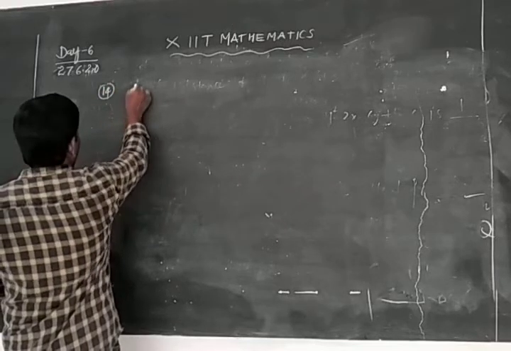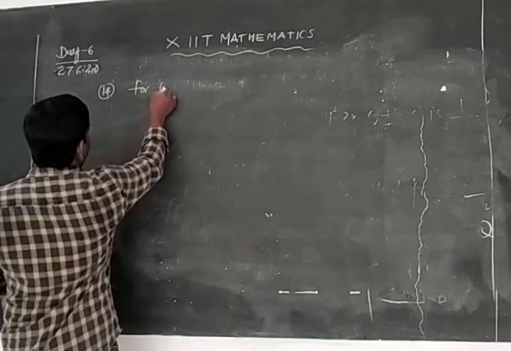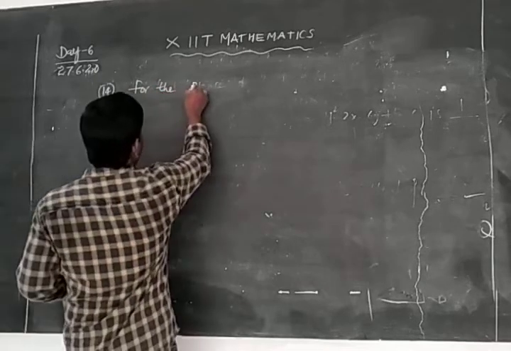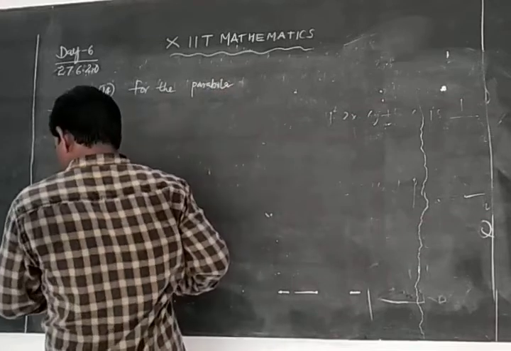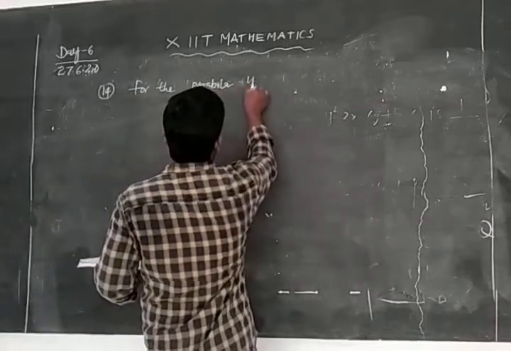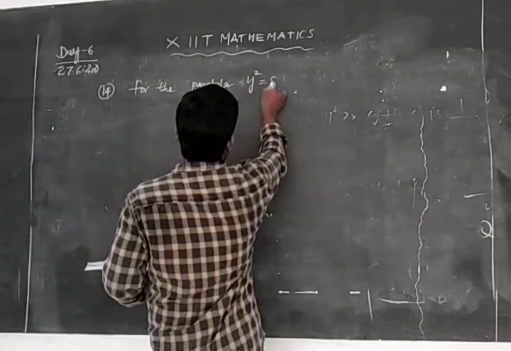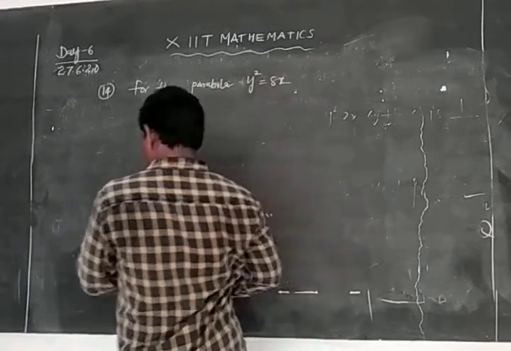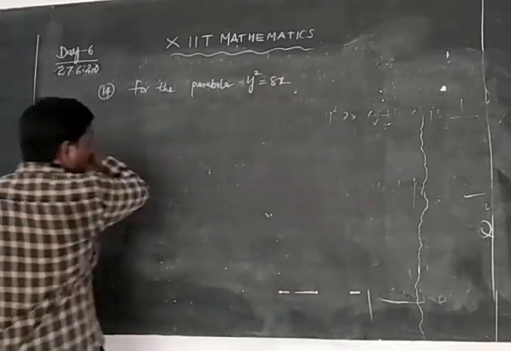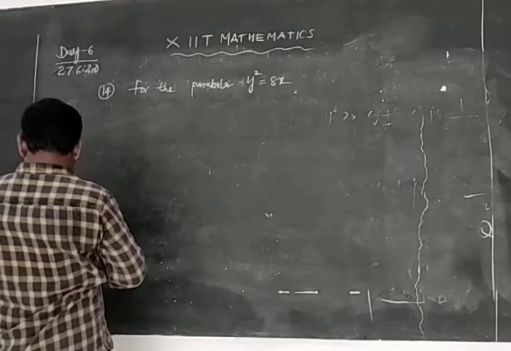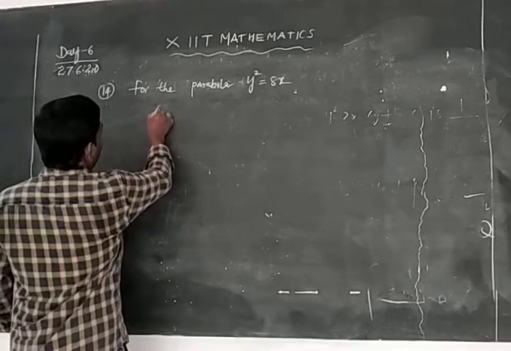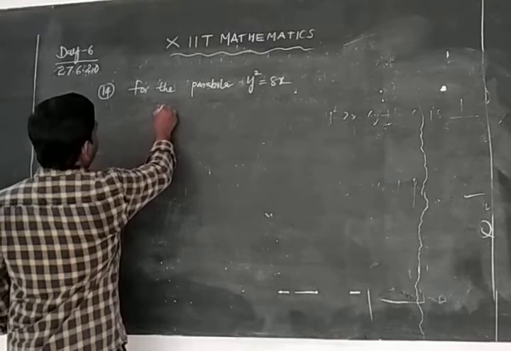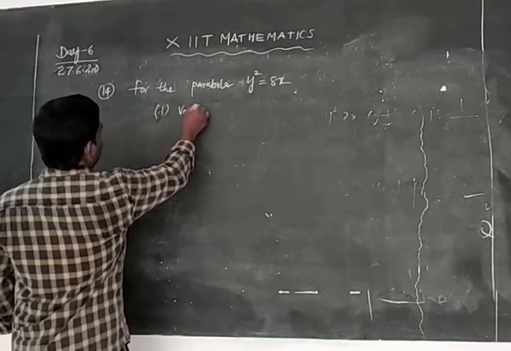For the parabola y square equal to 8x, we have to calculate vertex. First one, Roman number 1, vertex.